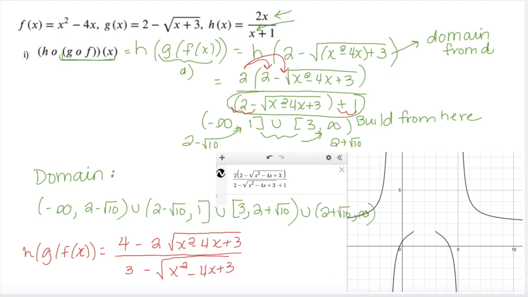You do not need to rationalize the denominator at all. You can keep it as is. There's not much, again, to simplify.